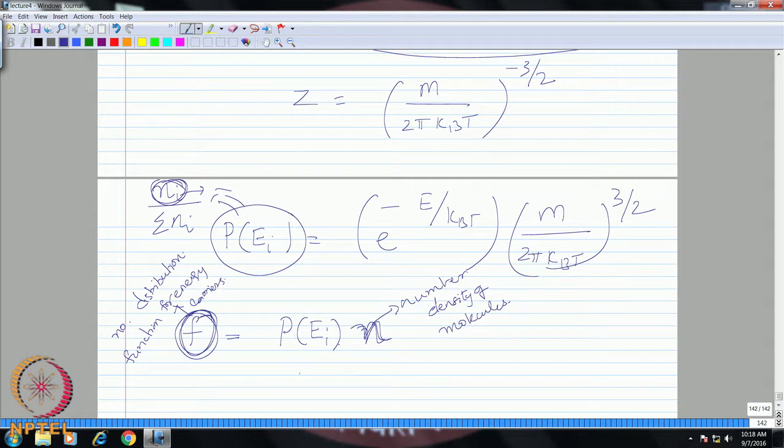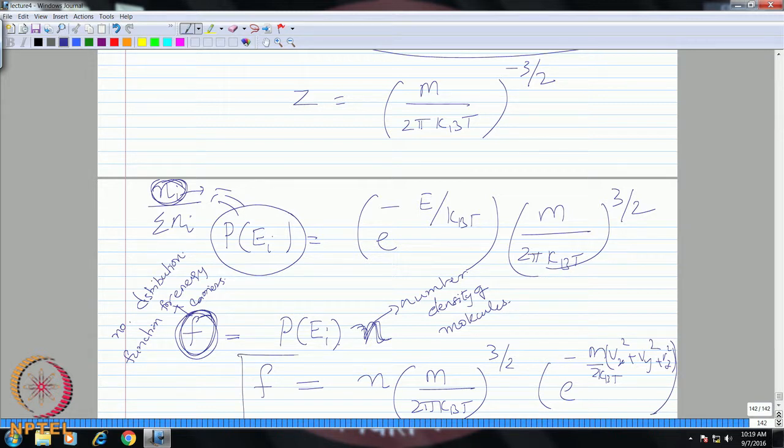So, if you do that, you will simply extend this as f is equal to n into m by 2 pi kBT whole power 3 by 2 e power minus m by 2 (vx square plus vy square plus vz square) by 2 kBT.